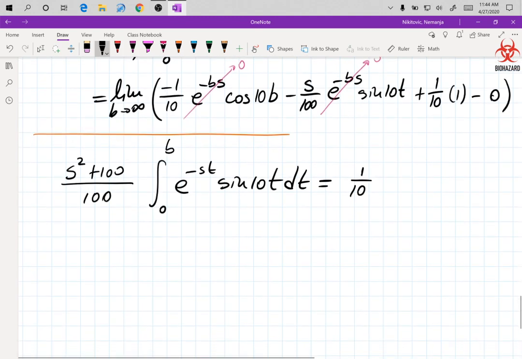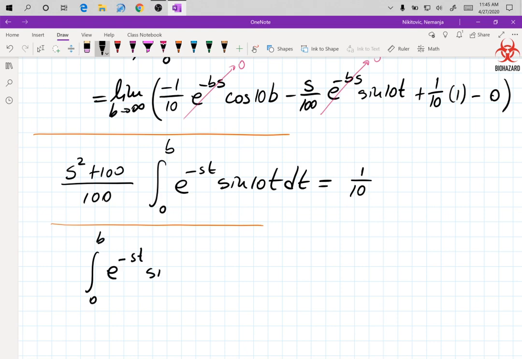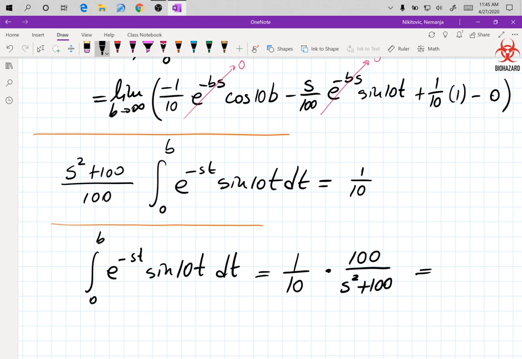And now I need to get my integral alone. So here is another step, left equals right. So multiply both sides by 100 over s squared plus 100. So the integral from 0 to b of e to the negative st sine 10t dt is equal to 1 over 10 times 100 over s squared plus 100, which is 10 over s squared plus 100.